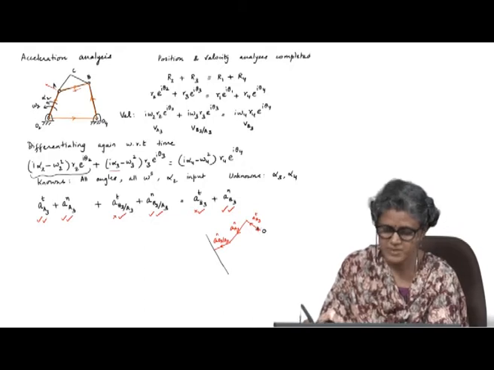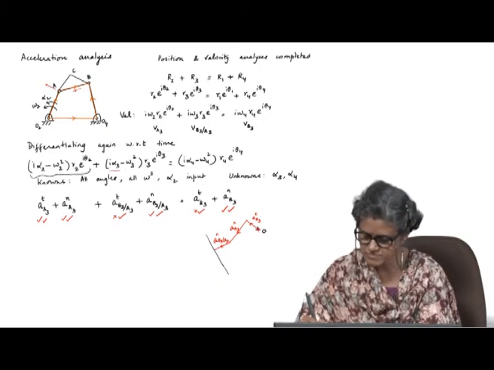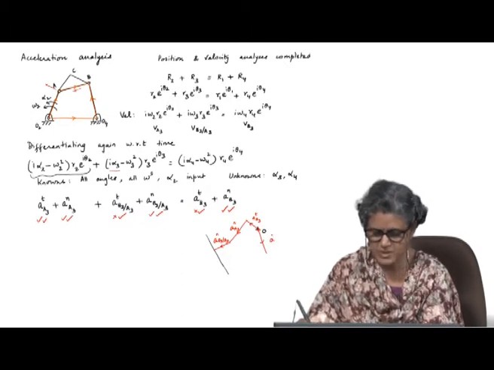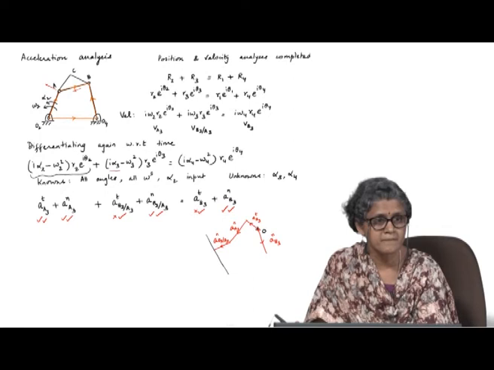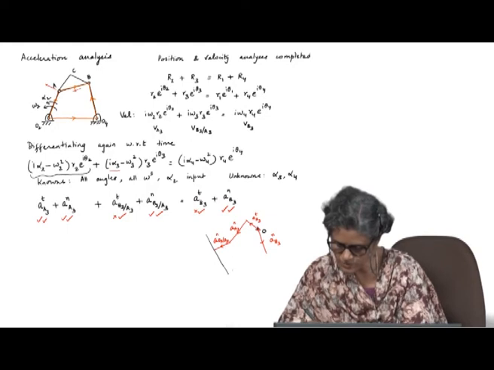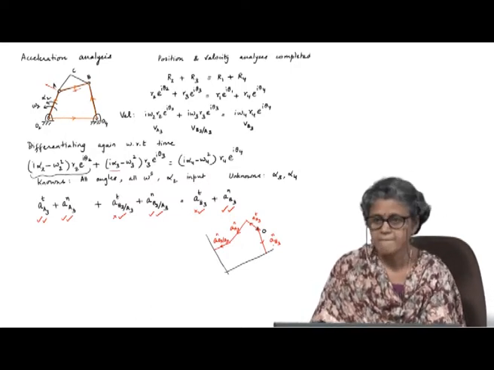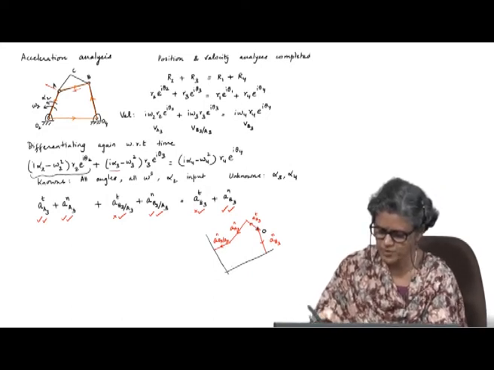So, I have let us say A normal B3, okay, and the other component, the only thing I know is it is perpendicular to this.